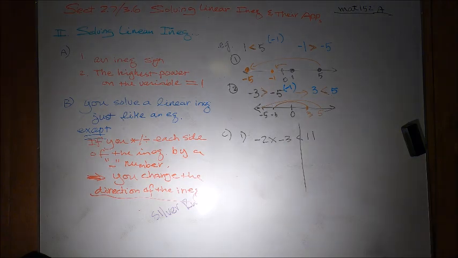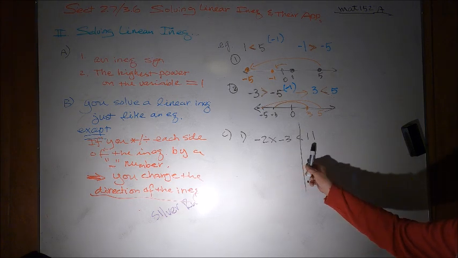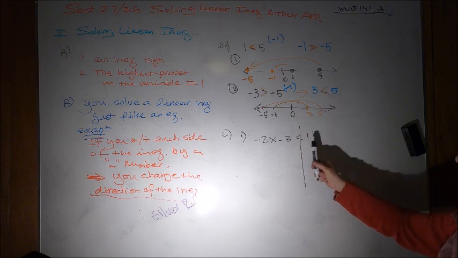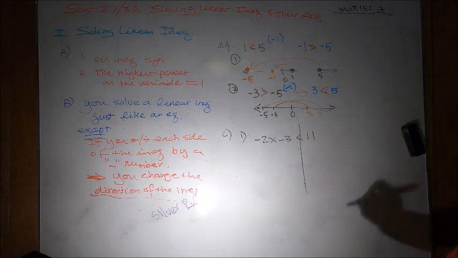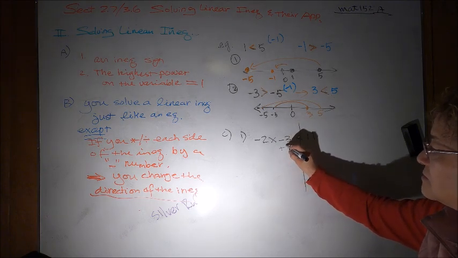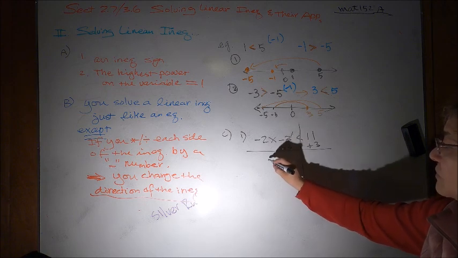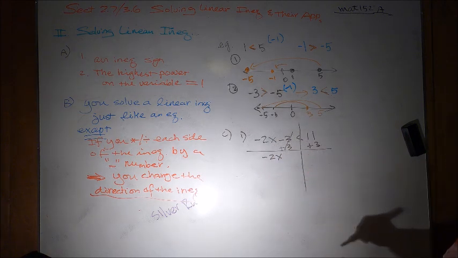Then you need to pay attention. So, let's see. What do we have? Equations or inequalities? In an inequality, right? To get x by itself, same thing as equation. So we do that. Negative 2x, right?